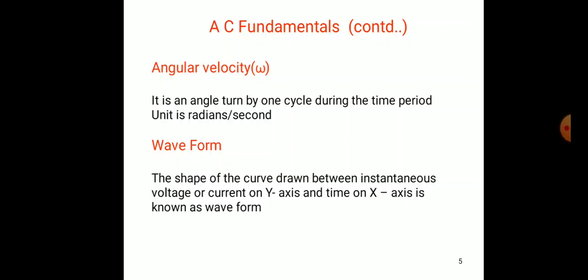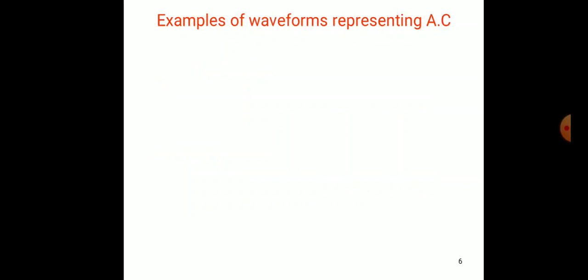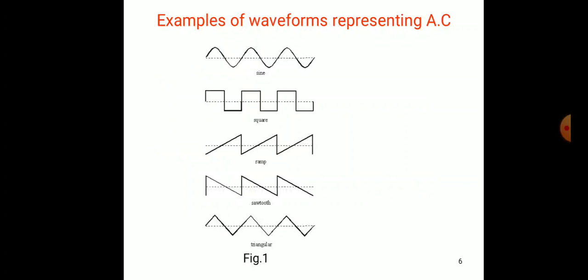We can say that a waveform is nothing but a curve drawn between the instantaneous voltage or current with respect to time. Time is on the x-axis and the magnitude on the y-axis.